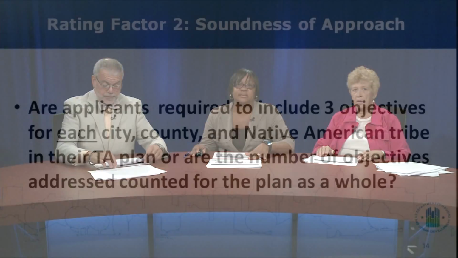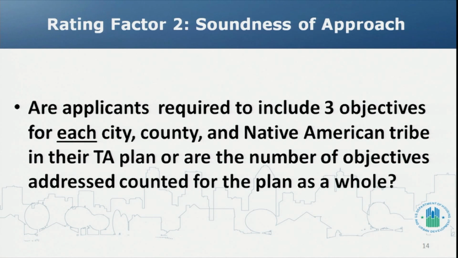Are applicants required to include 3 objectives each for the city, county, and Native American tribes in their TA plan? Are the number of objectives addressed counted for the plan as a whole, Marie? The TA plan requires applicants to address 3 or more objectives for the total community profile, which is a single community.